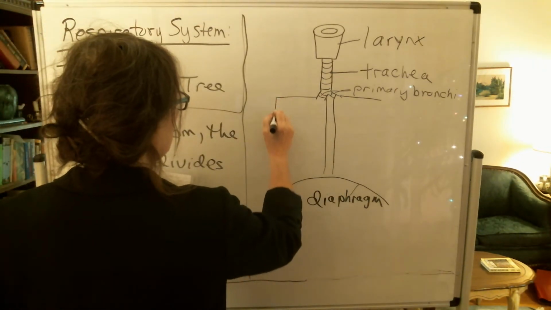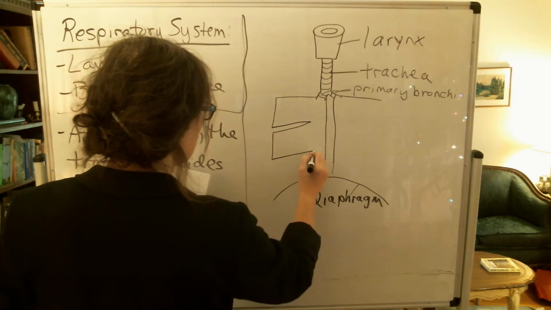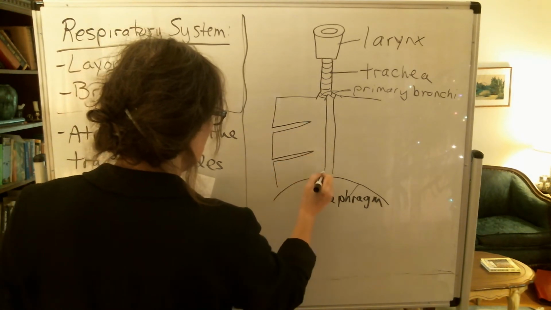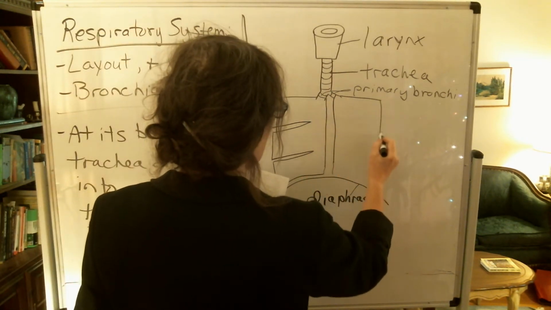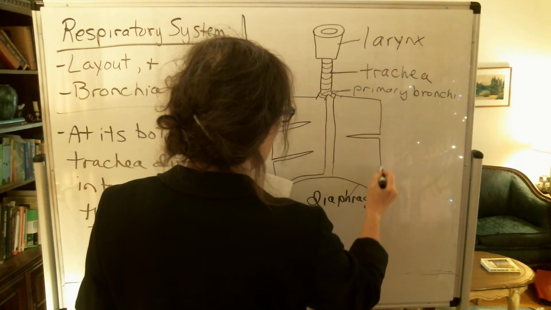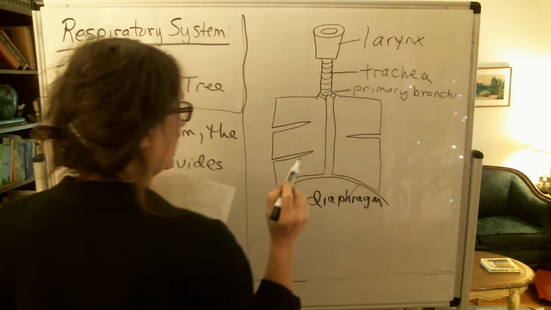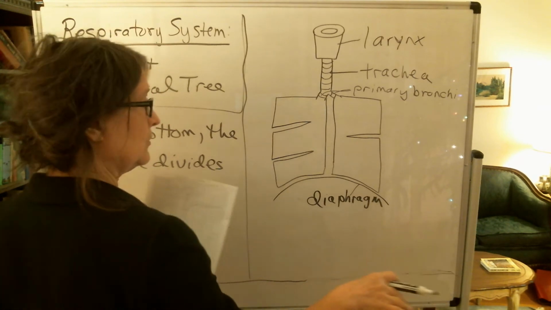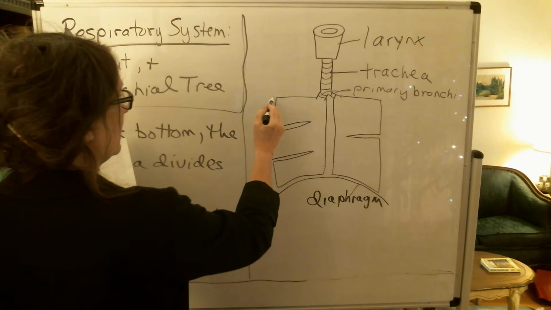Now we have lungs, and the lungs, as you see, I'm just drawing them as boxes. But the point is the lungs have lobes to them. So here we have the lungs resting on the diaphragm. There's actually kind of a vacuum seal between the diaphragm and the lungs, but here we are.